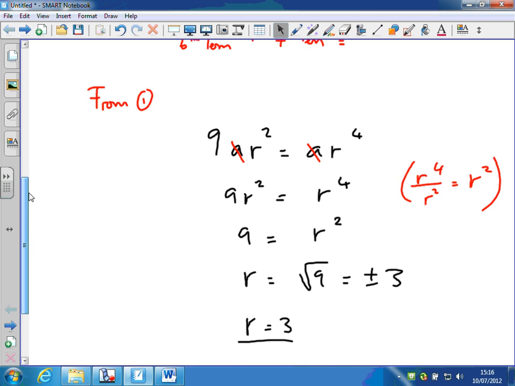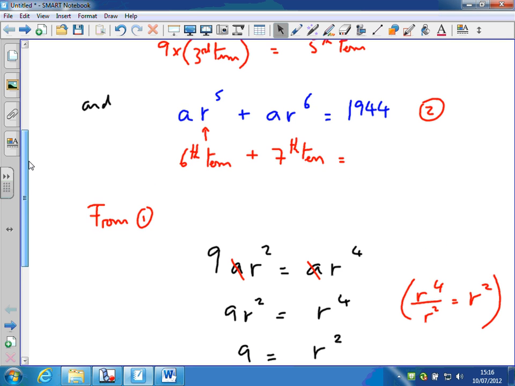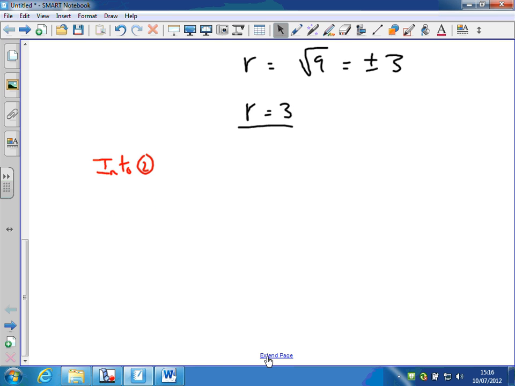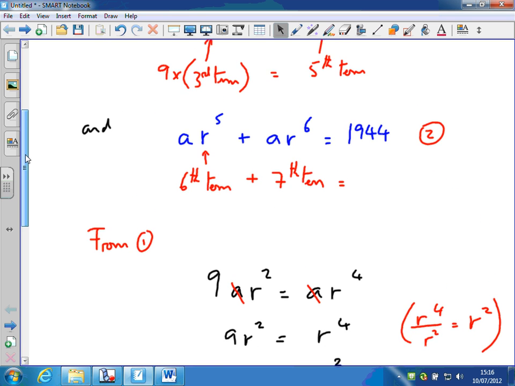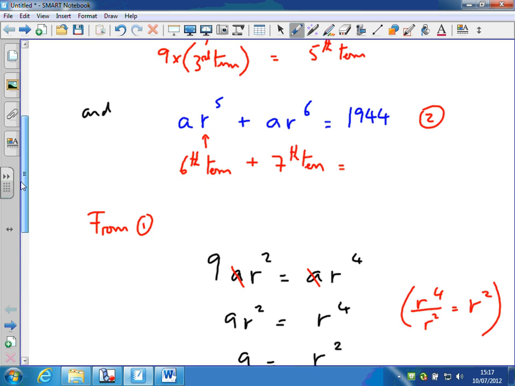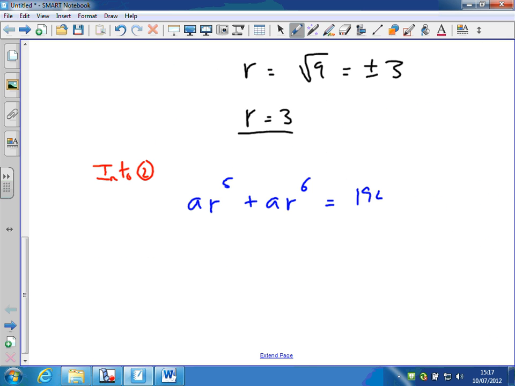We can put that information into the second equation. So putting this into 2, which is that AR to the 5 plus AR to the 6 equals 1944. So we've got that.